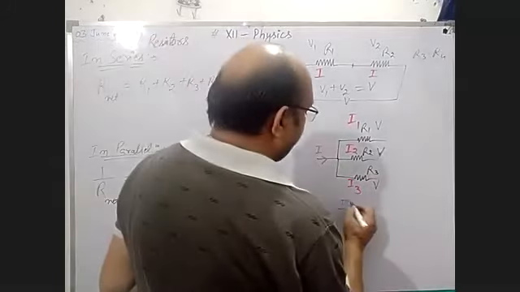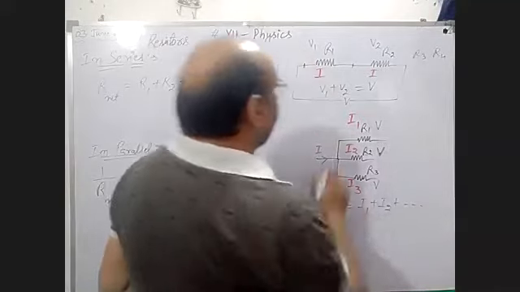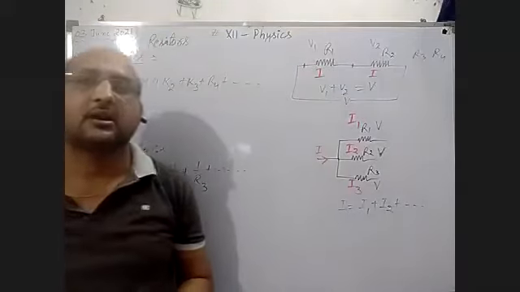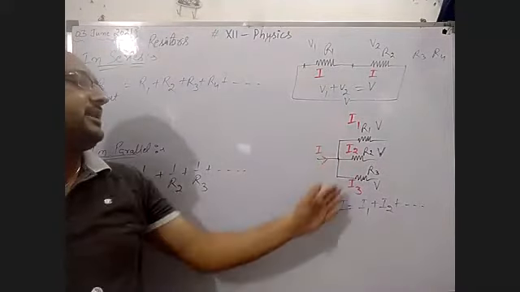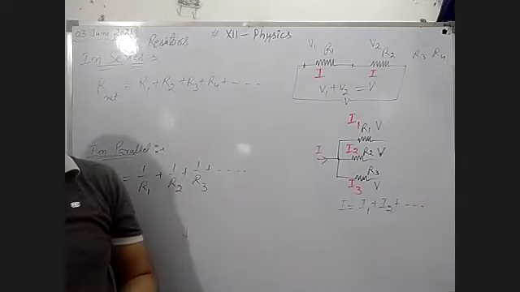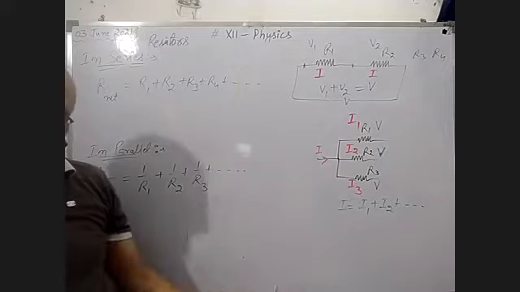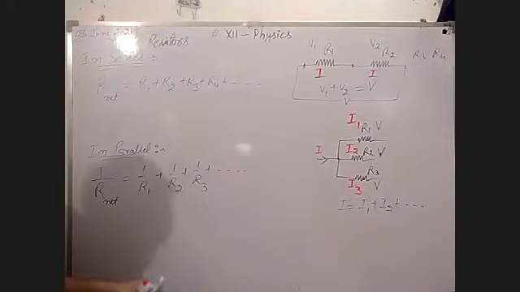Then you can note that in series combination, voltage is divided into parts, and in parallel combination, current is divided into parts. Okay. Do you know this thing? This is the brief of resistor combinations.